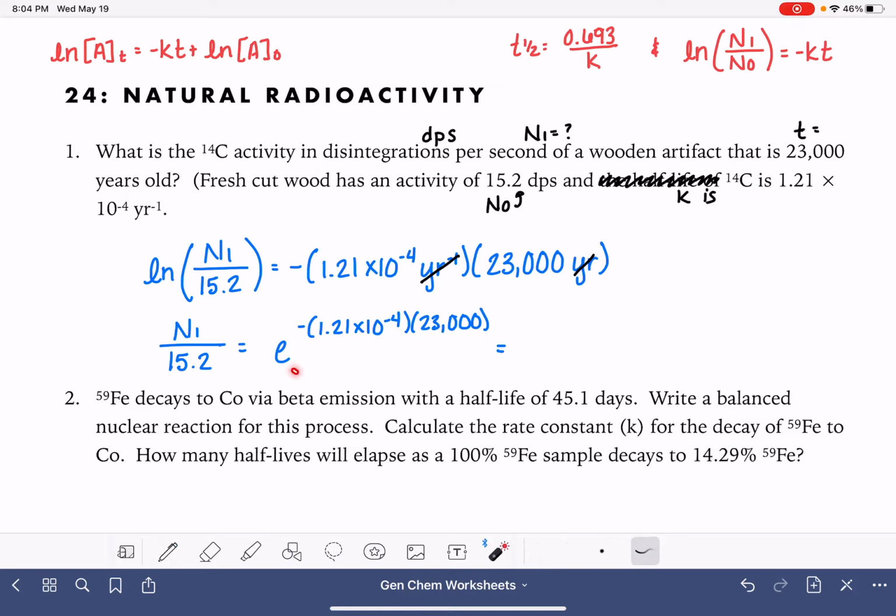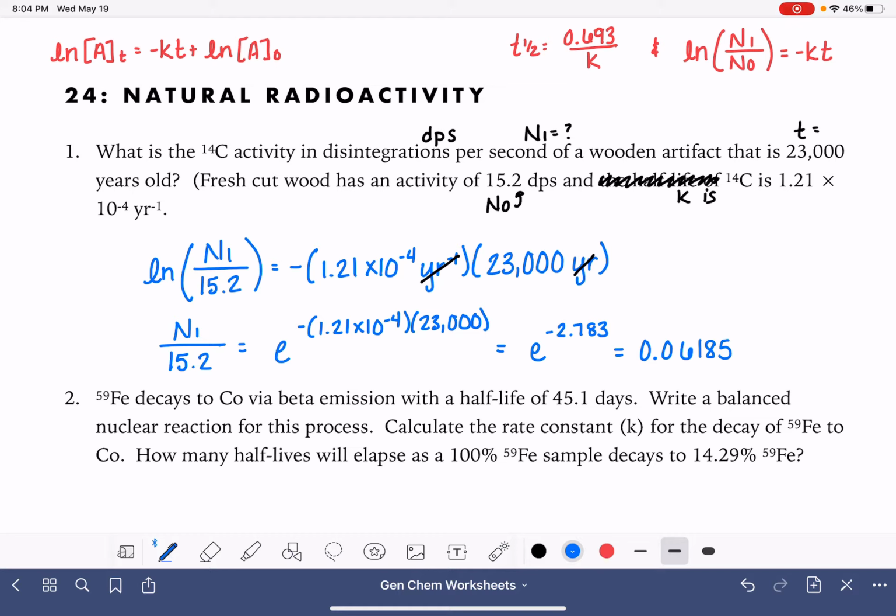I'm going to solve this much of it for starters. Negative 1.21 times 10 to the negative 4th times 23,000, e to that number. Just so we can keep track, I got e to the negative 2.783, and that worked out to be 0.06185.